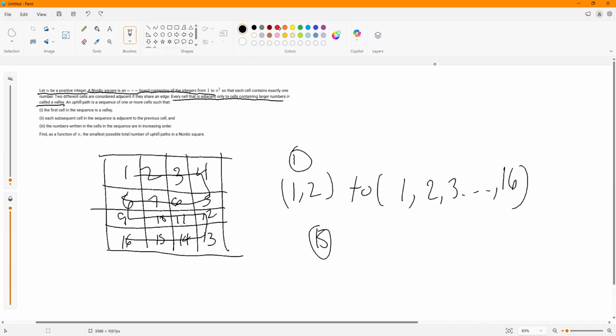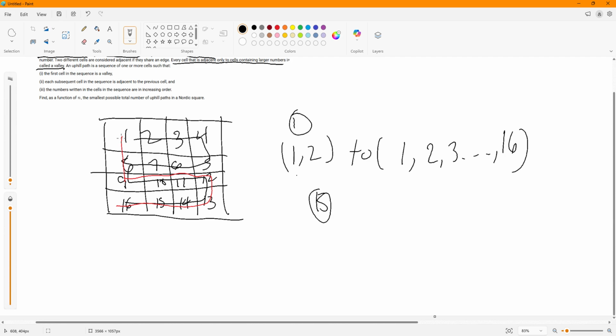Wait, let me label it another color. Then you would get 1, 2, 3, 4, 5, 6, 7, 8, 9 ways. So then let's count: 9 plus 15 plus 1 is just 25.